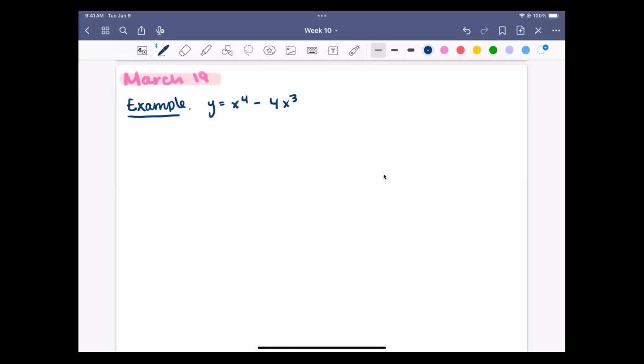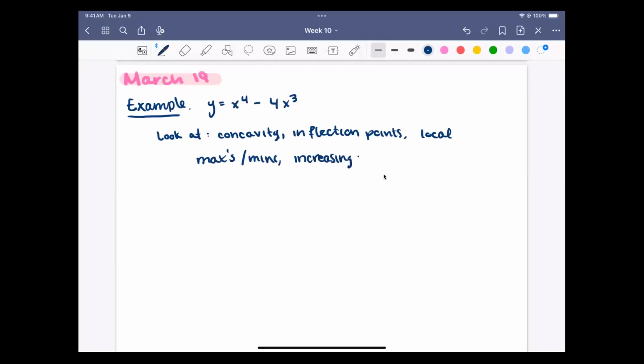So we'll look at the concavity, inflection points, local maxes and mins, and increasing, decreasing, and we'll sketch it as well.